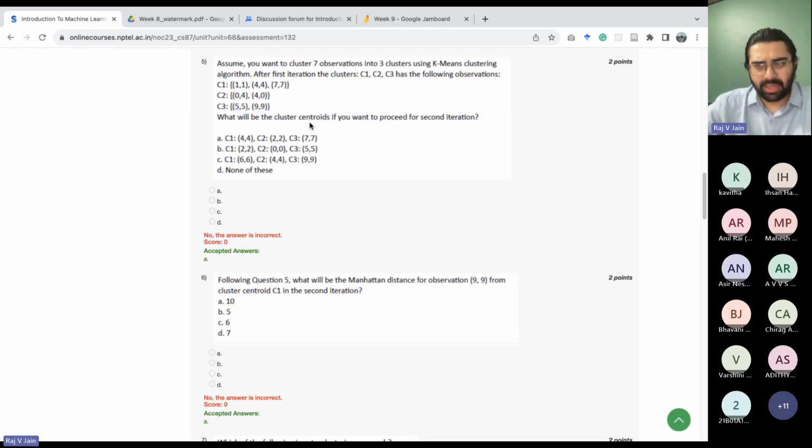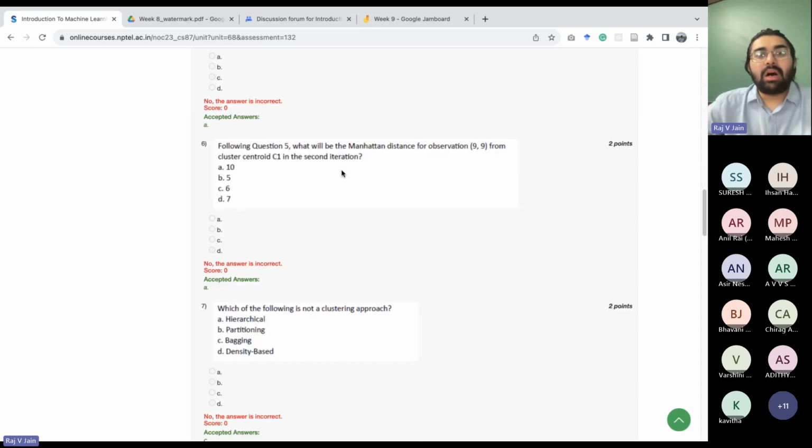What are cluster centroids and how do you compute them in K-means clustering? Mean of those points in that cluster, sir. That's it, right? Mean of those points. So here it becomes 12 by 3, so 4 comma 4, then 4 by 2, that's 2 comma 2, and 14 by 2 is 7 comma 7. So the answer is A. 4 4, 2 2, 7 7 are the cluster means, the centroids.